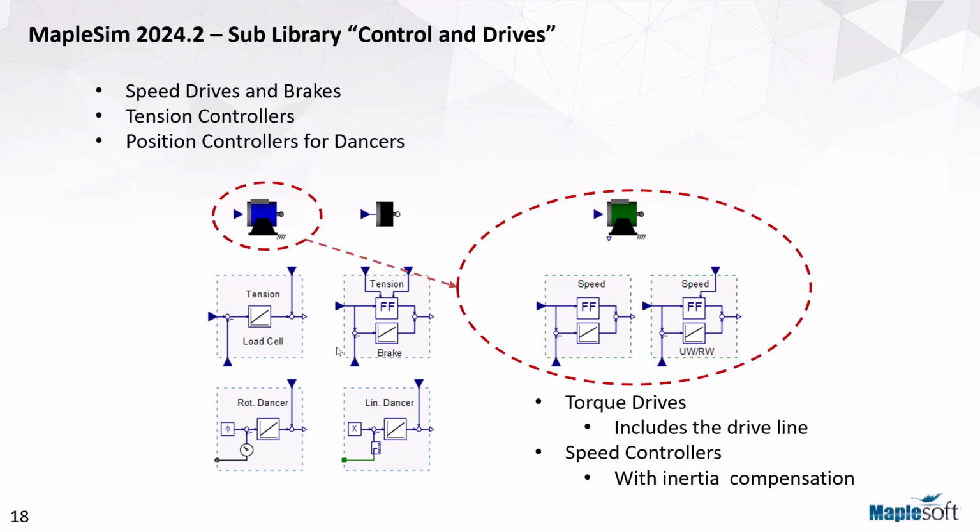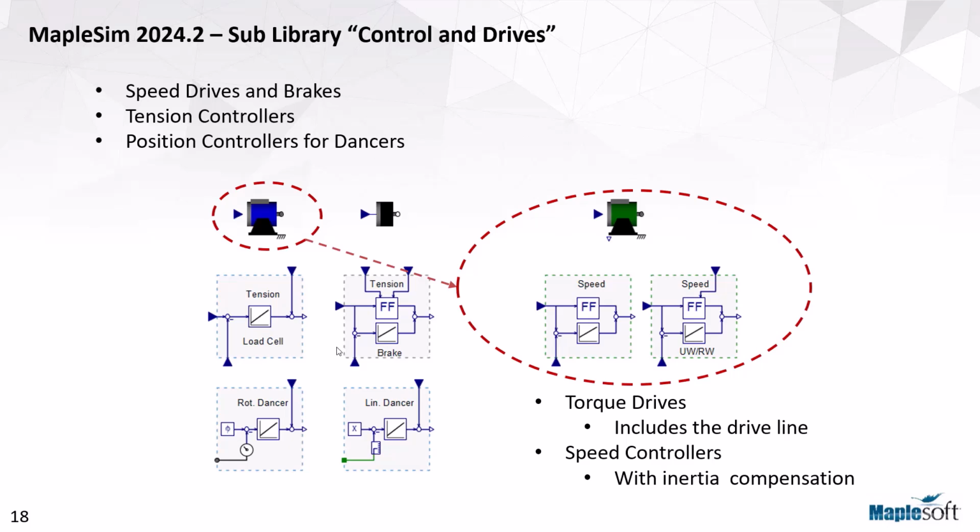And to complete this, you also need a speed controller, and you can see here two components: a speed controller for a normal roller, I would say, and a second one if you use this for a winder or unwinder connection, where you have an additional input of the radius.